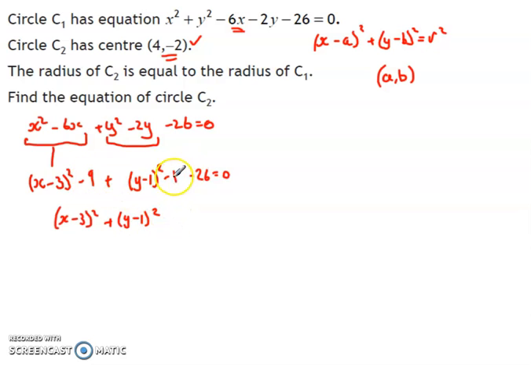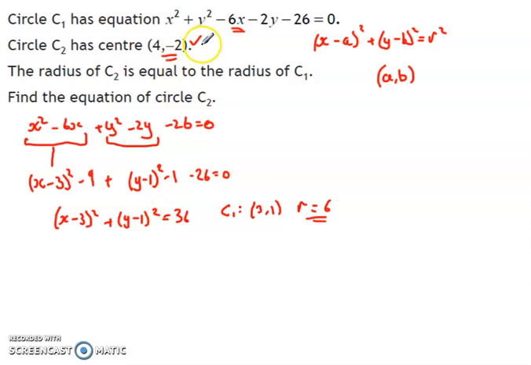I've got negative 9, minus 1, minus 26, so I've got minus 36 over here, which equals 36 across there. So from this, if I were to look at circle 1 and examine it, my centre for circle 1 would be at 3, 1, and my radius would equal the square root of this, which is 6. Now, the centre here is not relevant to this question, however the radius r equals 6 is, because I'm going to use that for circle 2.